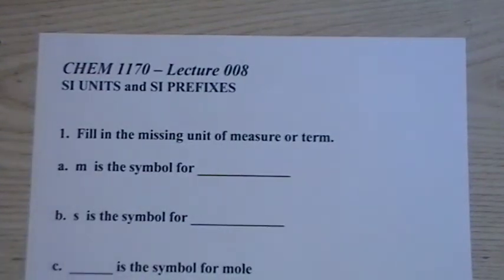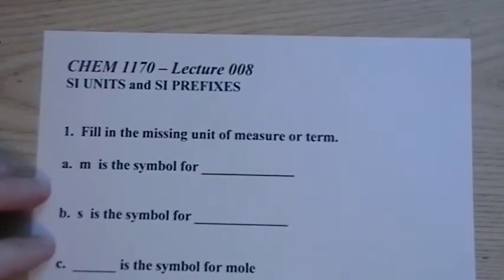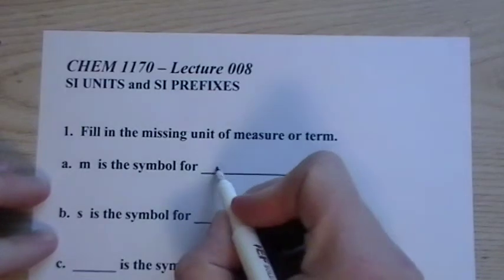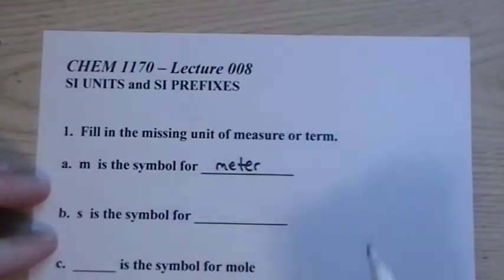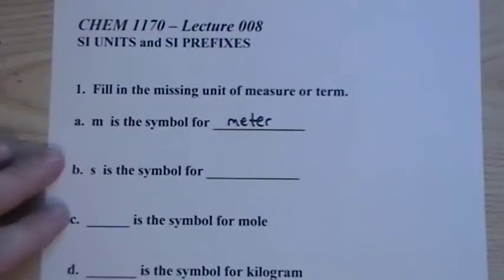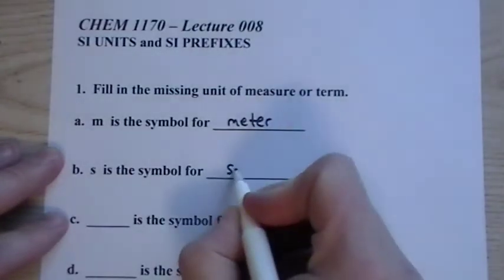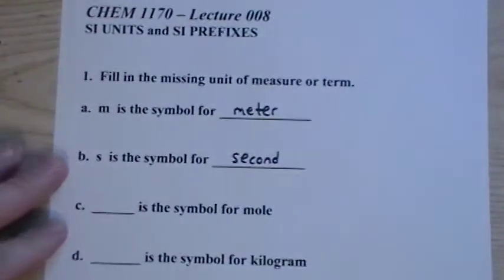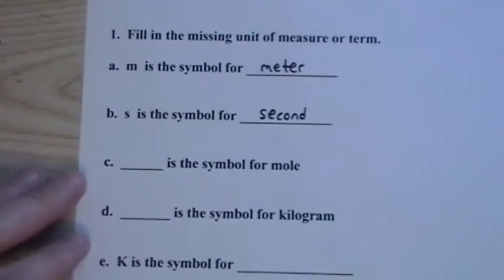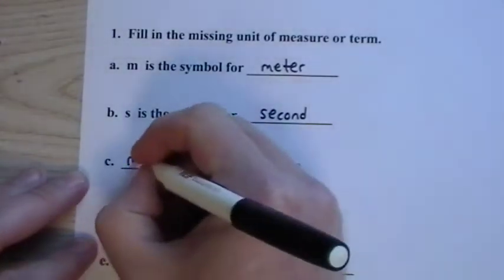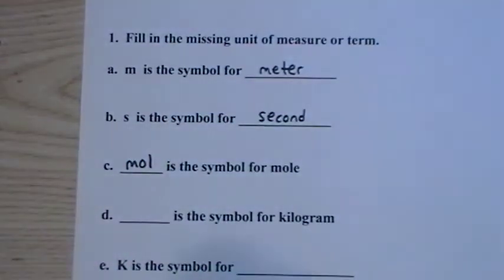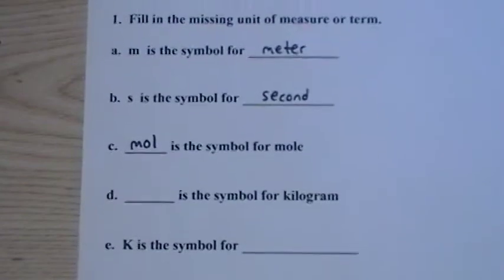These are our base units, mostly that are present here. So m is a symbol for meter, lowercase m I should say. Lowercase s is a symbol for second, unit of time. Then we have blank is a symbol for mole, M-O-L. Not much of an abbreviation, but that's what it is.